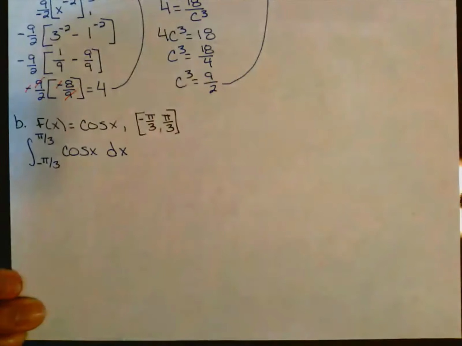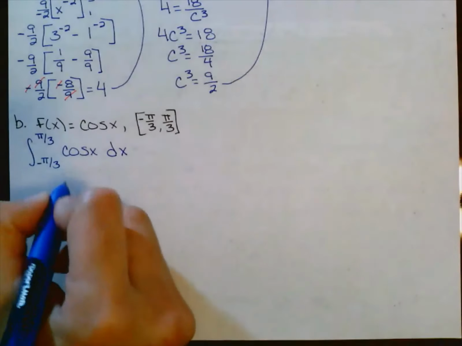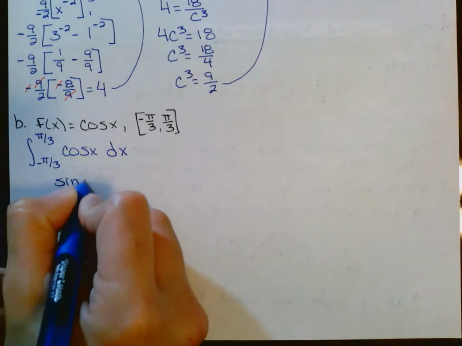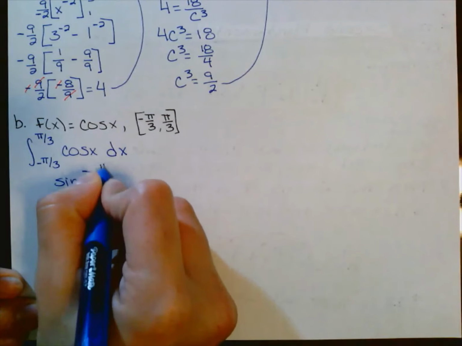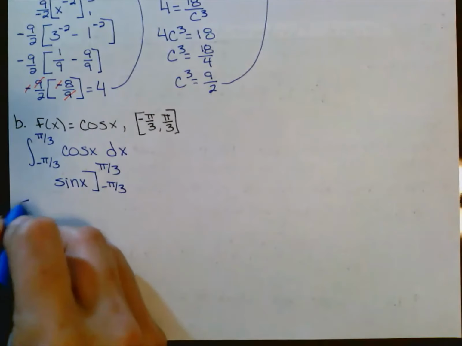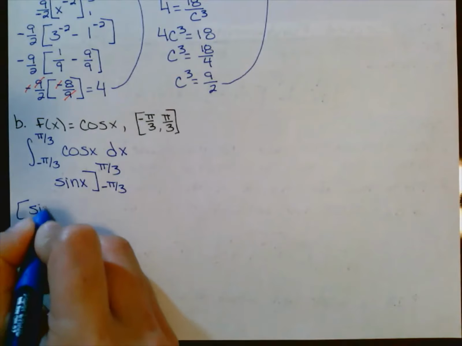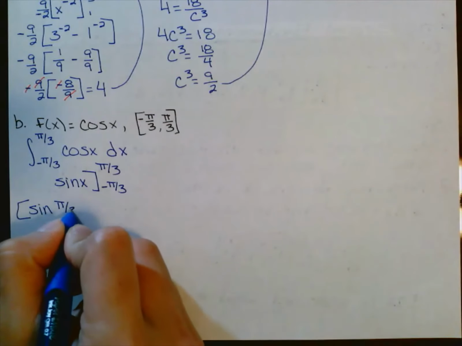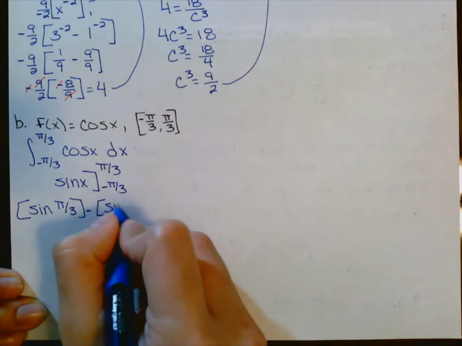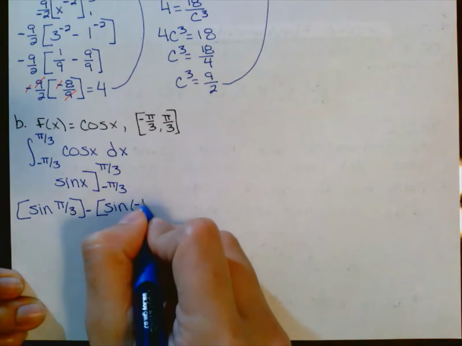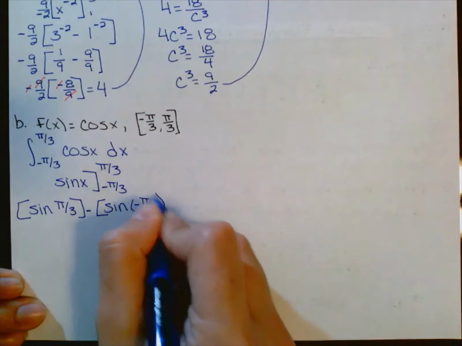The antiderivative of cosine is sine. I'm finding that from negative pi over 3 to pi over 3. F of b minus f of a, right? Plugging them in.